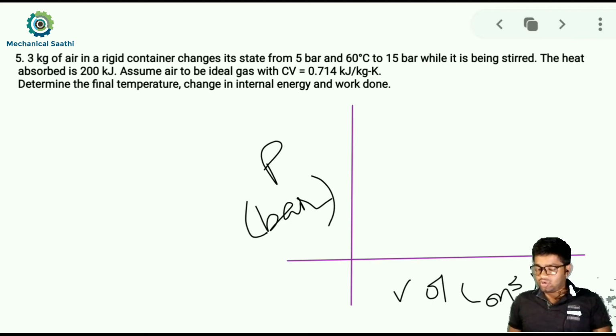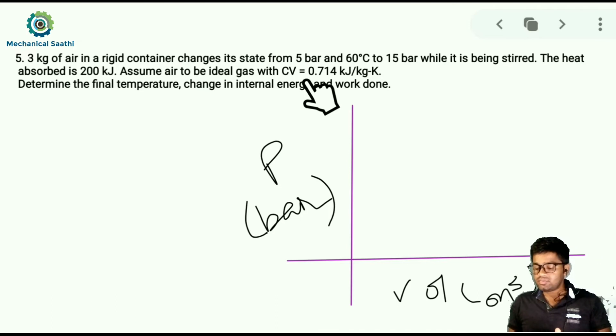If we read the question carefully, first of all it says that it is a rigid container. What does it mean? A rigid container means whatever gas is inside that container, it doesn't change its volume. So the volume of air is not going to change, and throughout the process the volume will be constant. We can assume that this is a constant volume or isochoric process.